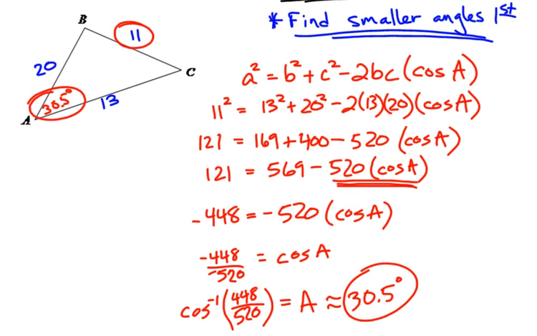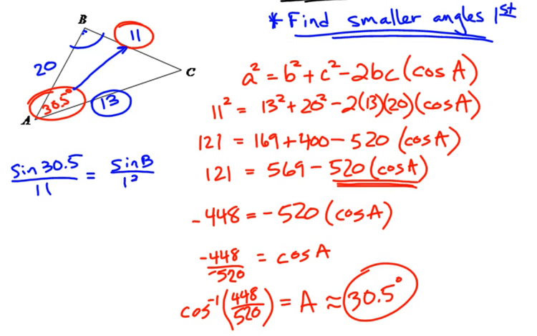We want to find the next smallest angle. Again, by our rule, 13 tells us that angle B is the next smallest angle. So we're going to find that next. We're going to use the law of sines now since we have this opposite side and angle. So we'll say sine of 30.5 over 11 is equal to sine of B over 13.